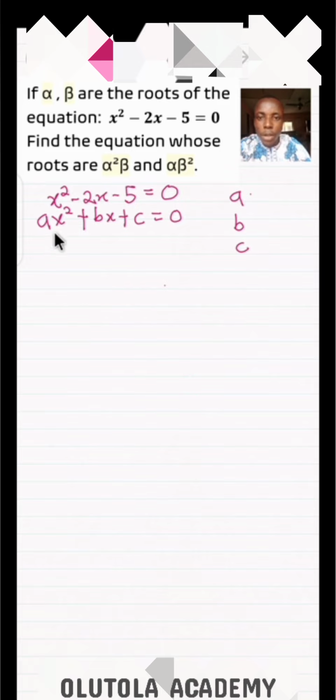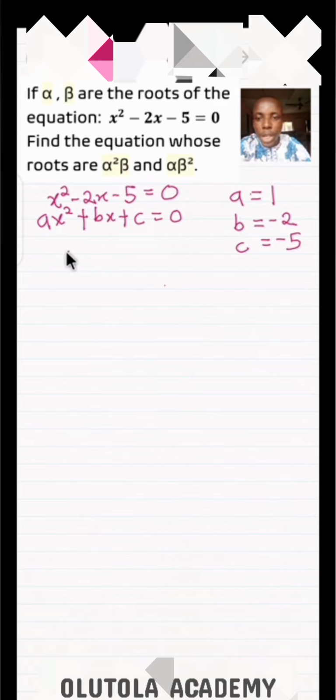On comparing these two equations, since the coefficient of x squared here is 1, that means a is 1. The coefficient of x here is minus 2, so b is minus 2. The c here is minus 5. On comparing the equations, I have my a, b and c.